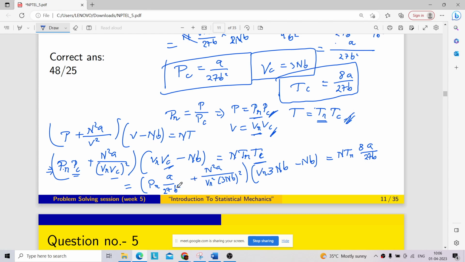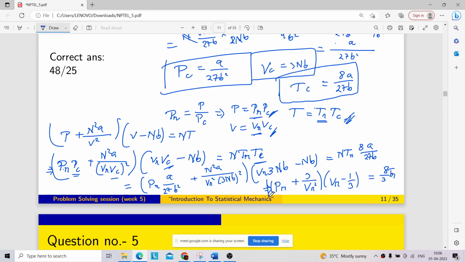So when we solve this, you can check it, because this derivation already took so long, so you can check. It's simple. We will get an equation in terms of reduced parameters as PR plus 3 over VR square into VR minus 1 over 3 equal to 8 over 3 TR.